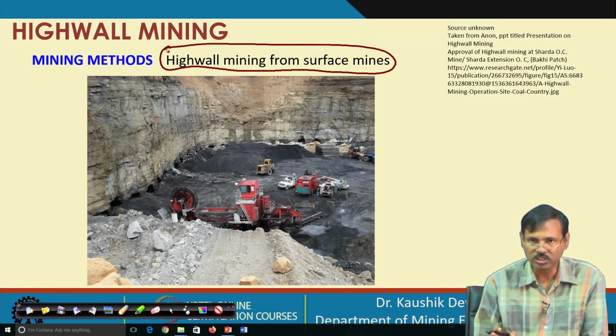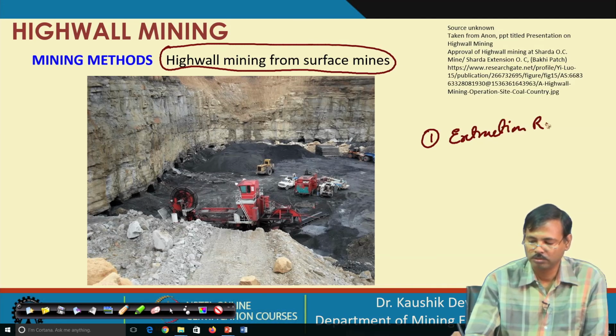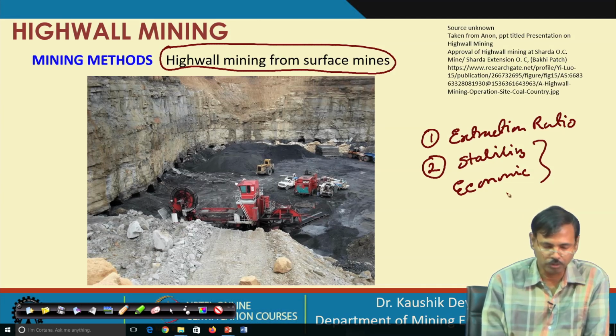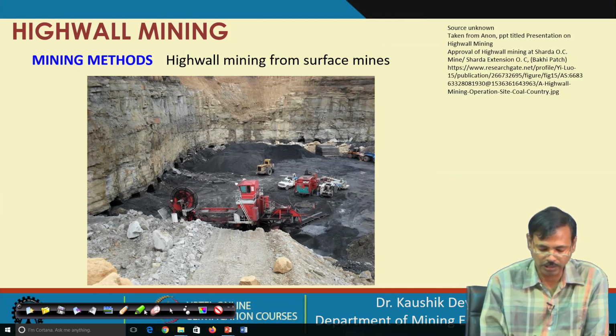However, the high wall miner is basically deployed to increase the extraction ratio, or in other words, to take the additional coal. So, the major issues related to this are stability and economic viability, which have to be considered. Often this is used for keeping the production rate increased. So, high wall miners may sometimes be adopted in this case.